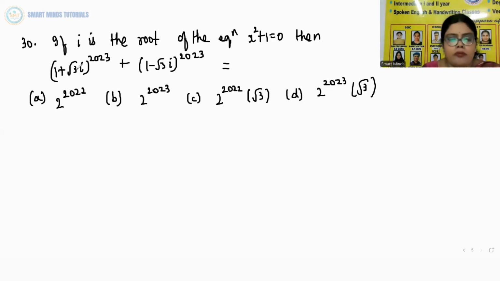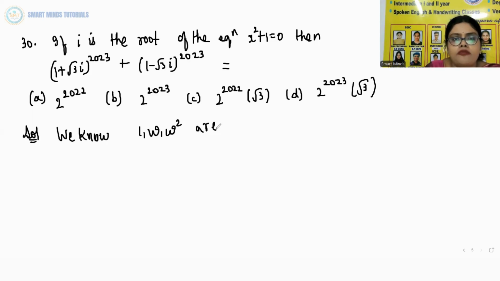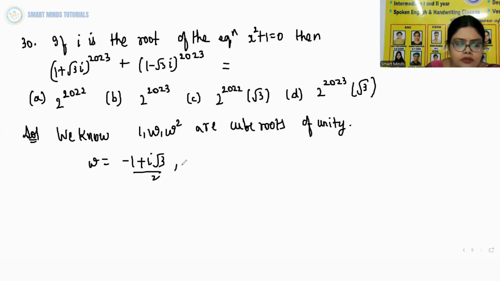So we will use omega here. So we know that 1, omega, omega square are cube roots of unity. And we know that omega value is (-1 + i root 3)/2.